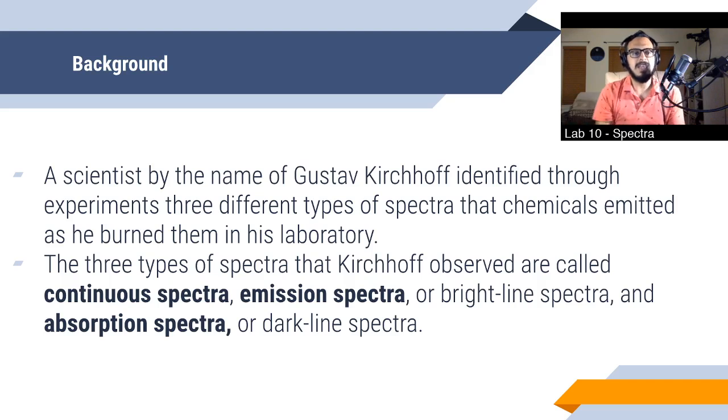A scientist by the name of Gustav Kirchhoff identified through experiments 3 different types of spectra that chemicals emitted as he burned them in his lab. The 3 types of spectra that Kirchhoff observed are called the continuous spectra, the emission spectra or bright line spectra, and the absorption spectra or dark line spectra. And we'll see a picture of that coming right up.